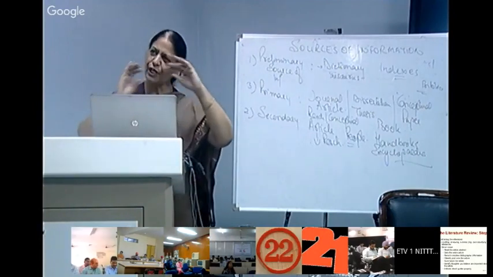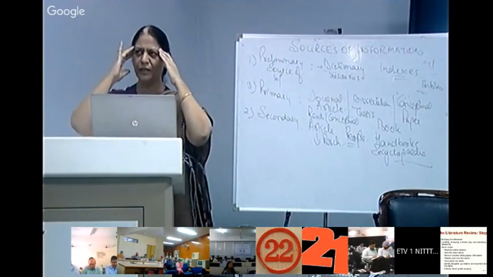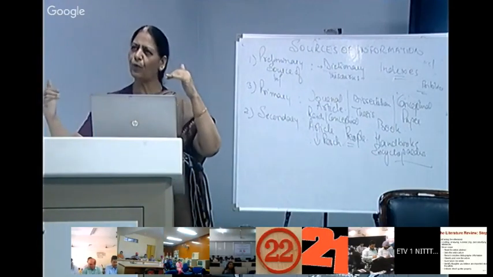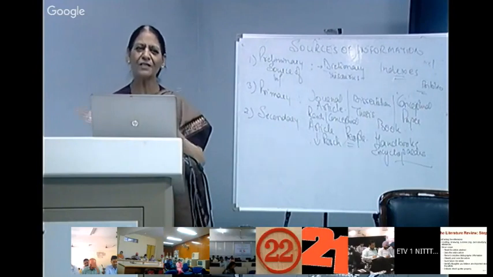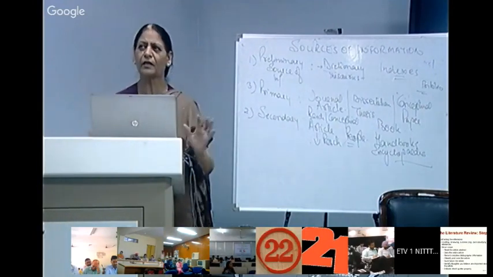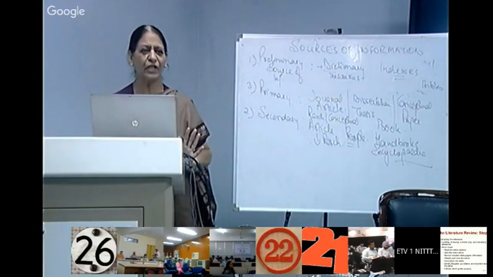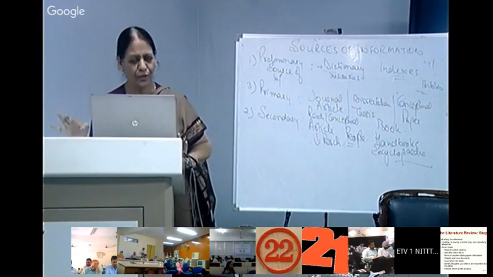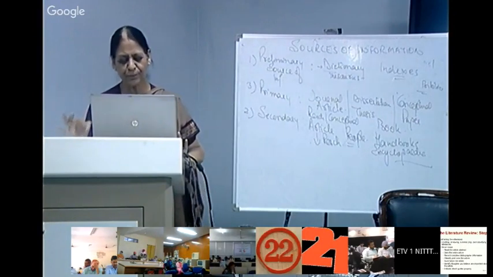So मैंने ये 6 क्वेश्चन अपने माइंड में रख लिए. Every study which I am going through, I'll try to answer these 6 questions when I am preparing a brief about each study which I'm trying to include in my review of related literature.